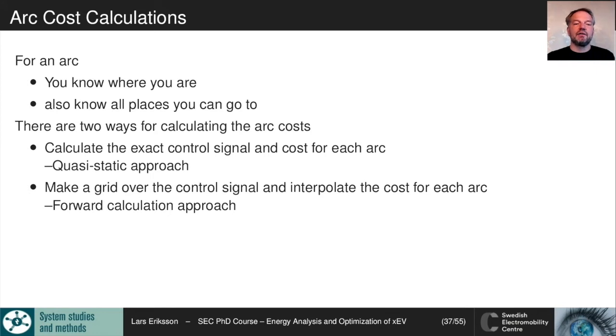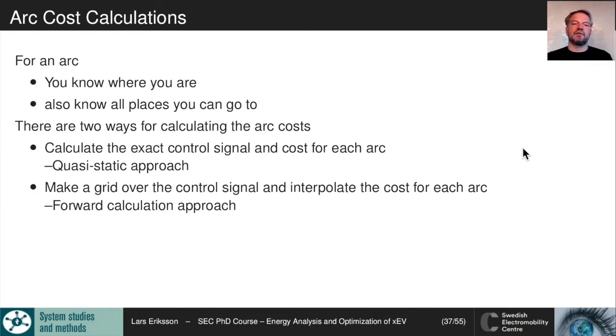There is another way to go about it, and that is that you make a grid over the possible control signals, and then you figure out what arcs that control signal will cover, and then you interpolate the costs for each of these arcs. So here you have a forward calculation approach. There is no principal difference between these.